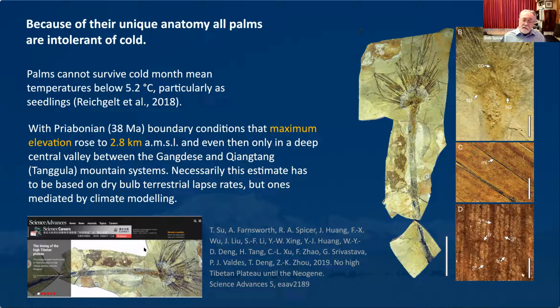We thought it was 25 when we published, but we now know from radiometric dating that it was 38. When we use the 38 date, we get an elevation of 2.8 kilometers as the maximum height that the palms could have survived. So the floor of the valley at 38 million years, slightly younger than we saw in the Bangor Basin, could not have been higher than 2.8 kilometers.